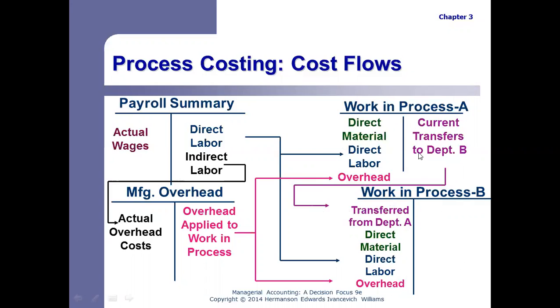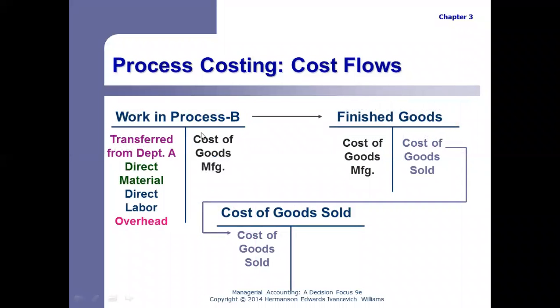When they're done with what they need to do, they transfer it to Department B, who then works on it, and then they transfer it when they're done to Department C, etc. Okay, so in process costing, there's separate work in process accounts for the different departments or processes or steps in the process. And in this case, there's only 2 departments, so when Department B is done doing what they need to do, they transfer that cost of goods manufactured to finished goods.